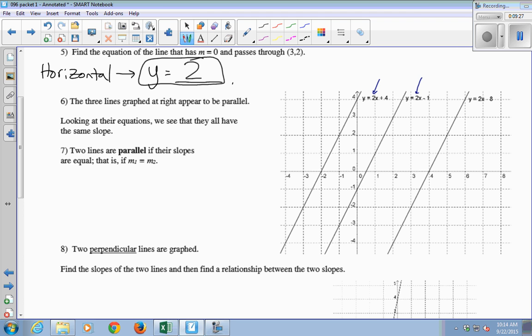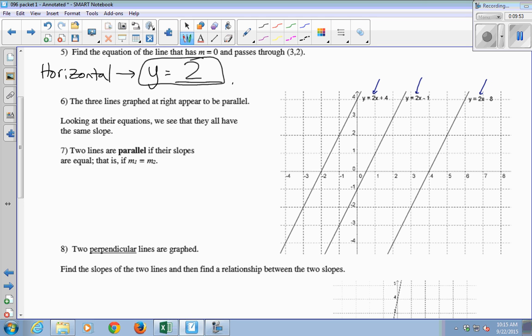This 2 represents the slope of each line. So all 3 of those lines have the same slope. So we conclude that 2 lines are parallel if their slopes are the same. If their slopes are equal, that means the lines are parallel. If the lines are parallel, that means their slopes are equal.